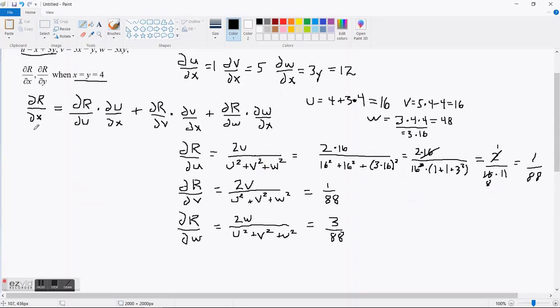Okay, now we're going to plug everything into our main formula here for the partial of r with respect to x.